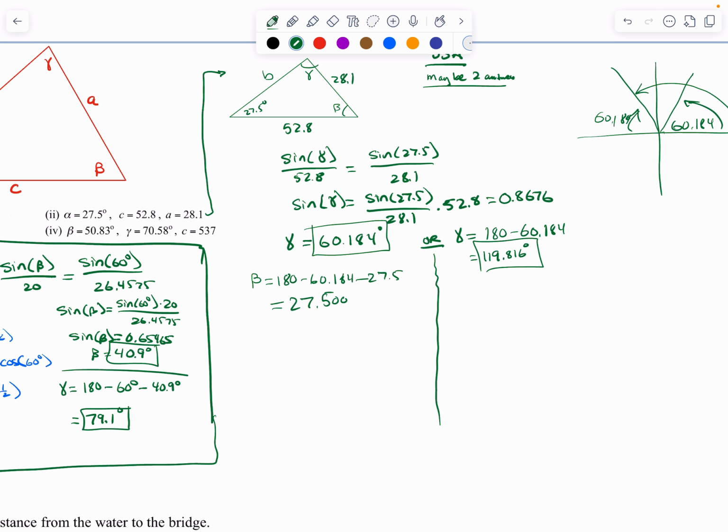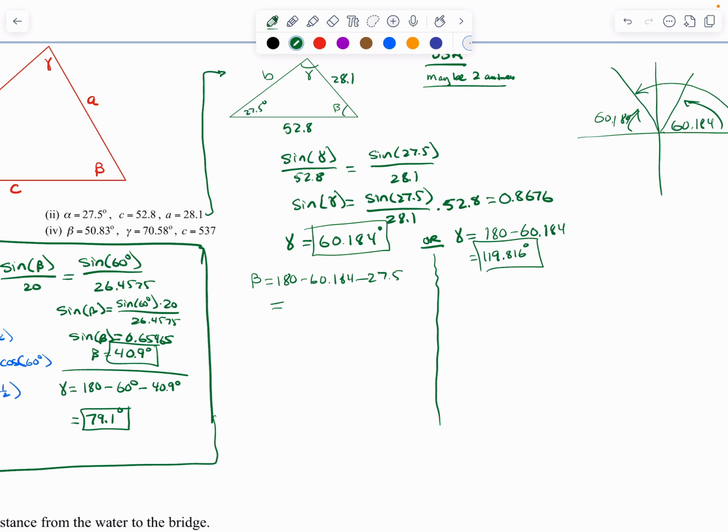Oh, seriously? Did I make a mistake? Just a minute, I'm going to redo that. It's weird that it's the exact same angle. It doesn't make sense to be the same. I must have miscalculated somehow. Let me try again. 180 minus 27.5 minus 60.184.